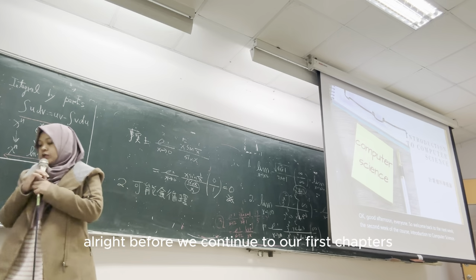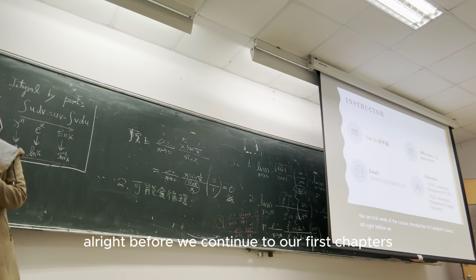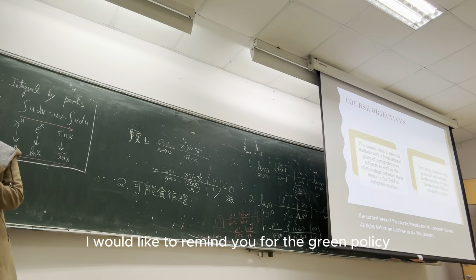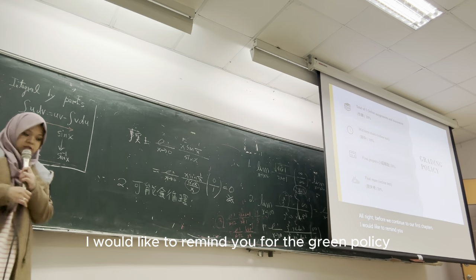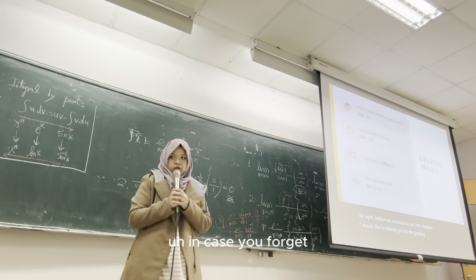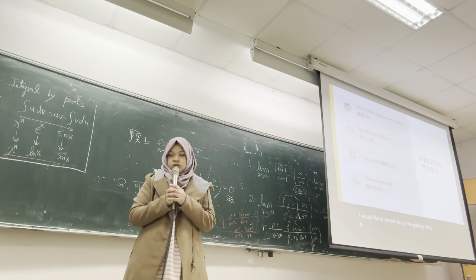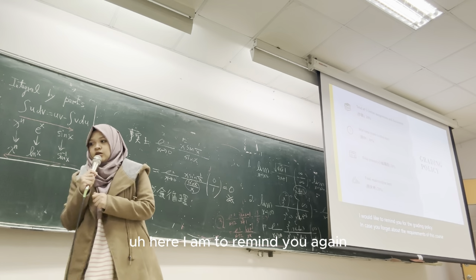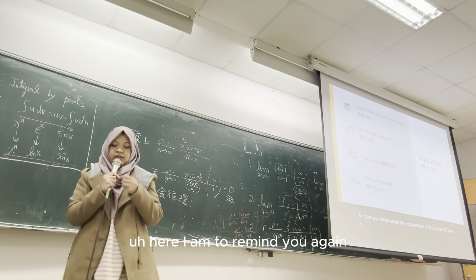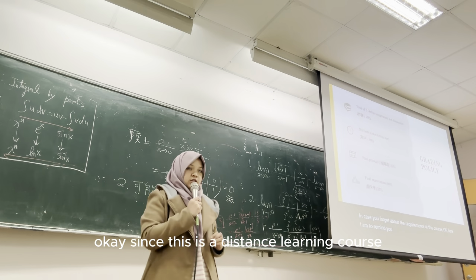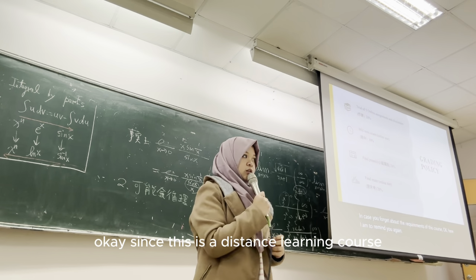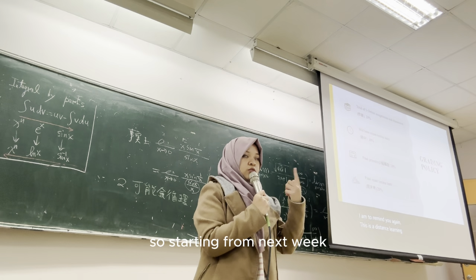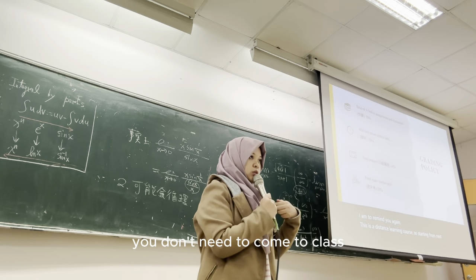Before we continue to our first chapters, I would like to remind you of the grading policy, in case you forget the requirements of this course. Since this is a distance learning course, starting from next week you don't need to come to class.